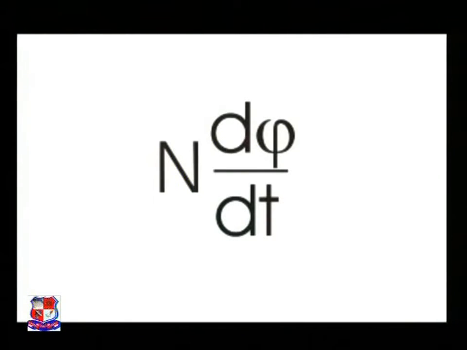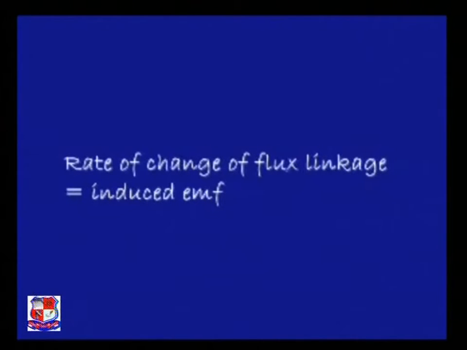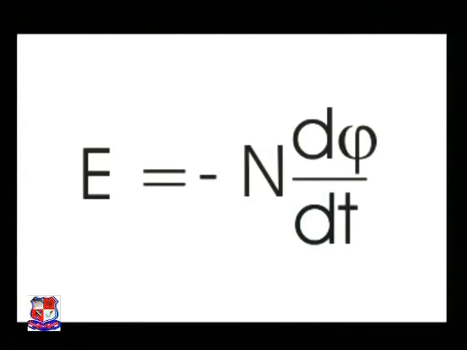But according to Faraday's law of electromagnetic induction, the rate of change of flux linkage is equal to induced EMF. So it can be written as E equals minus N d phi/dt.